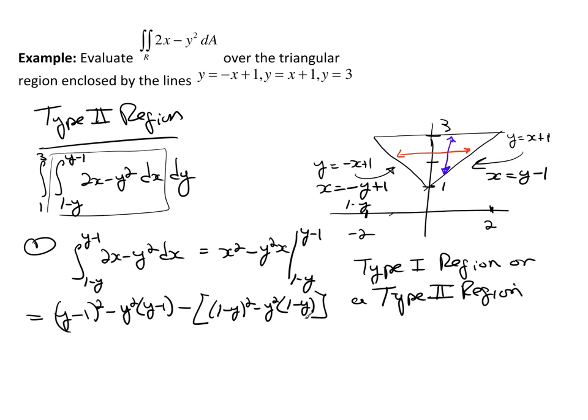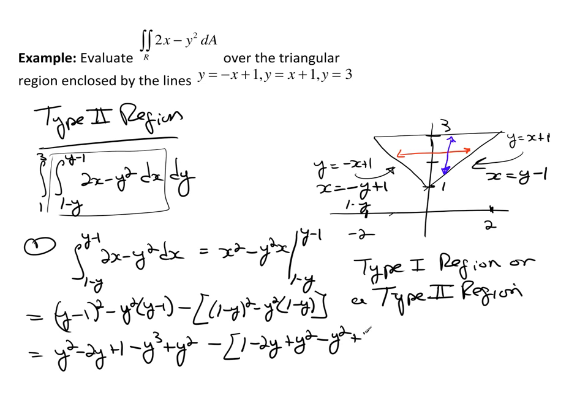So now I'm going to expand this, collect like terms, and see what I've got. See, this will give me y squared minus 2y plus 1 minus y cubed plus y squared, minus, see what's over here, 1 minus 2y plus y squared minus y squared plus y cubed.